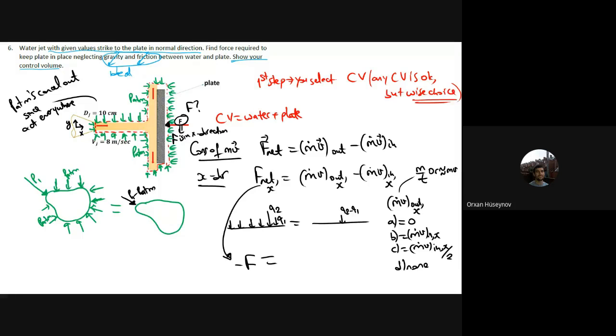Write your options so that I can see. So which option do you have? Write your option as a comment. Which one is true for m dot v out in x direction? Is it 0, or is it m dot v in x direction, m dot v in x by 2, or none? Let's see which option you have in your mind.